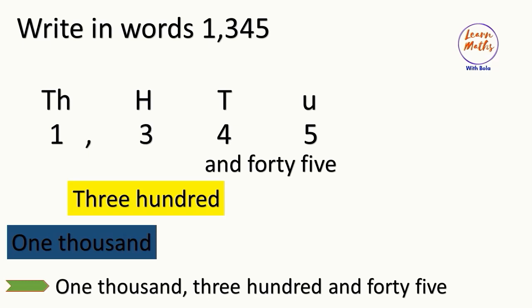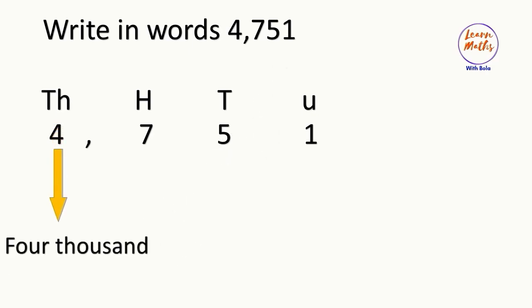Let's try another example. Write in words 4751. Very easy. Write out those numbers individually, then put their place value. Now the next step, the first number in this question is 4. So we write it as 4,000, 4 and the place value of 4.